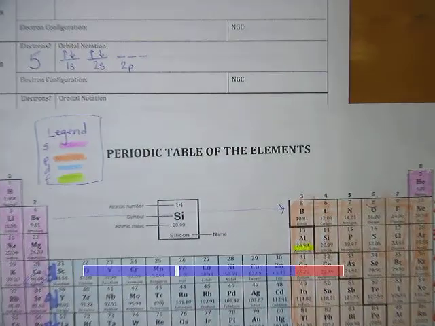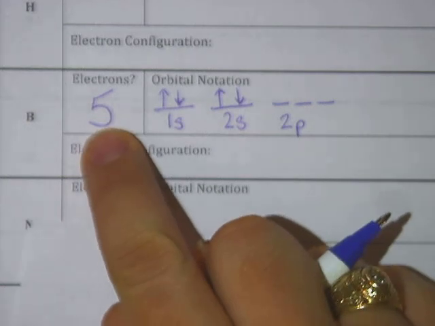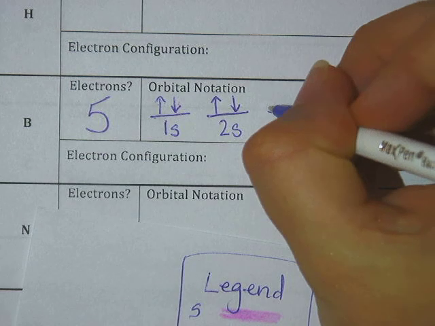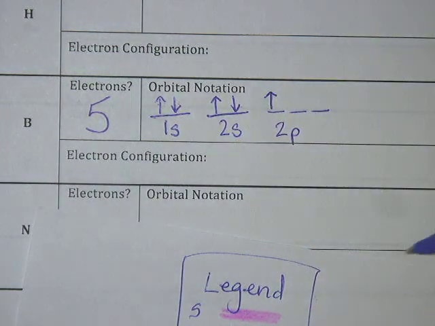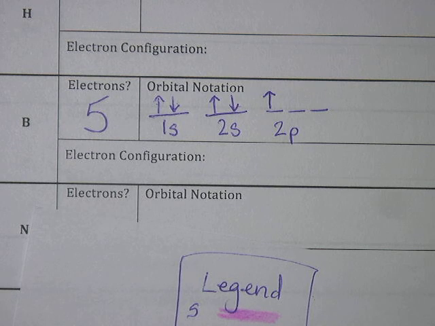Each blank can have 2 electrons, but remember, we're only going to 5. And then we stop, because once we get to 5, that's boron, and we stop. So I'm just going to stick 1 right here and call it a day. These other 2 blanks just stay empty. Yes, even though they stay empty, you still have to draw the blanks, because you have to prove to me that you know that there are supposed to be 3 blanks when you're looking at peanuts.